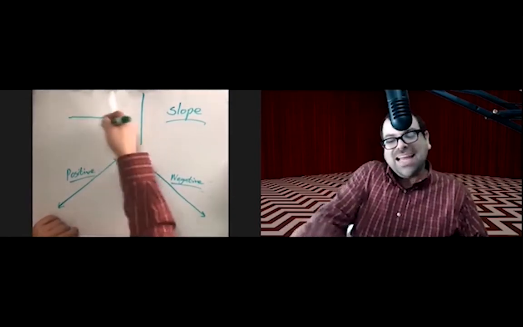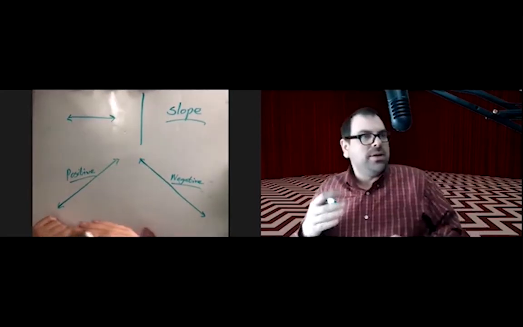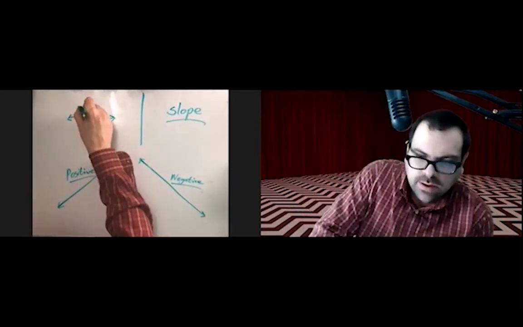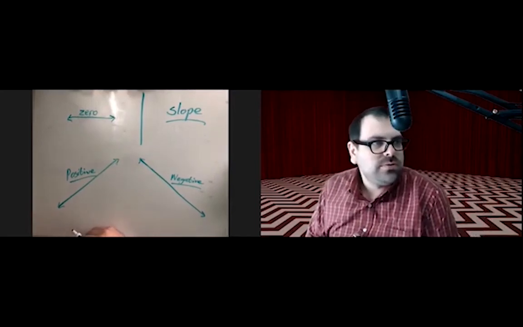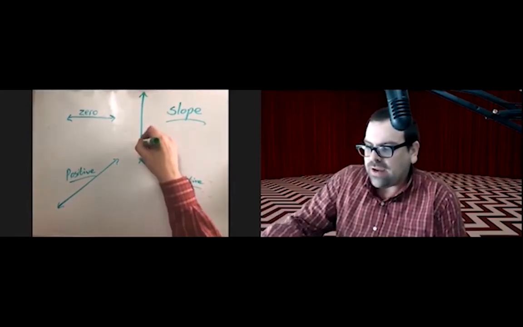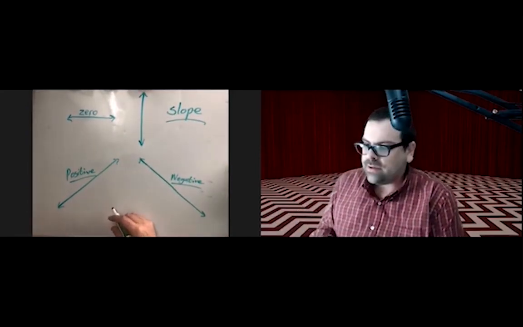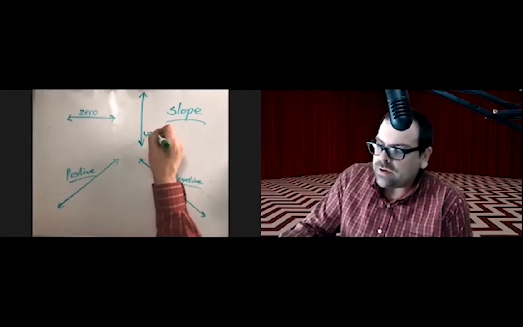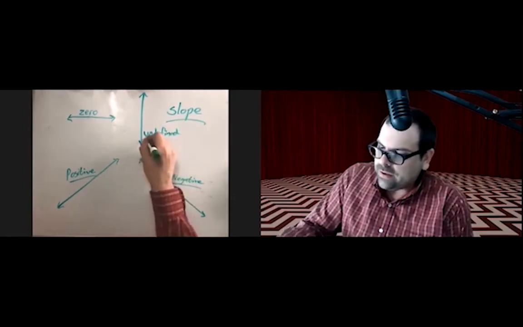Something that is flat, you can imagine driving a car and it not being uphill or downhill, just being flat. We say that has 0 slope. And if something is straight up and down, maximum steepness, we say that that slope is undefined.